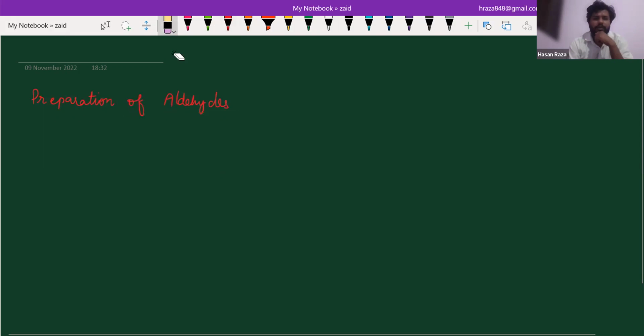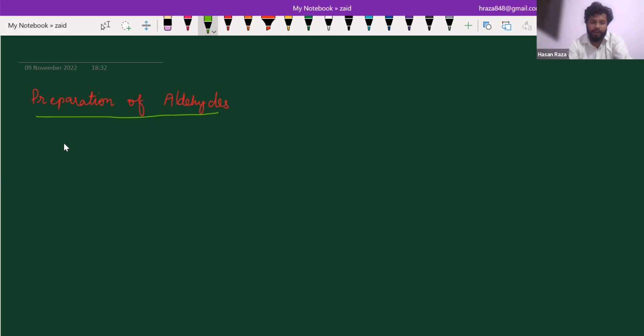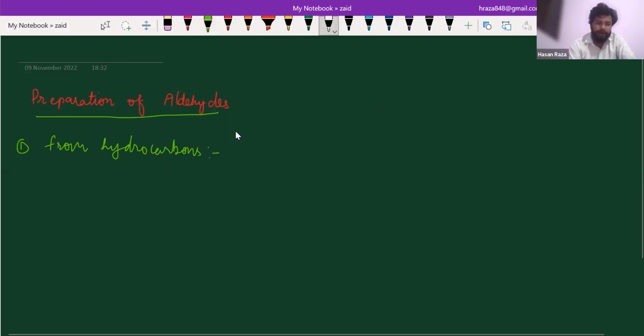So we are going to see preparation of aldehyde from hydrocarbon, right? So it's basically from alkene, and we can further divide it by ozonolysis of alkene.